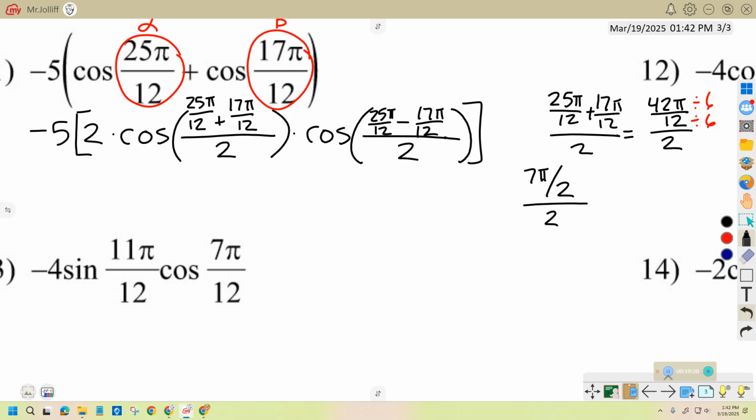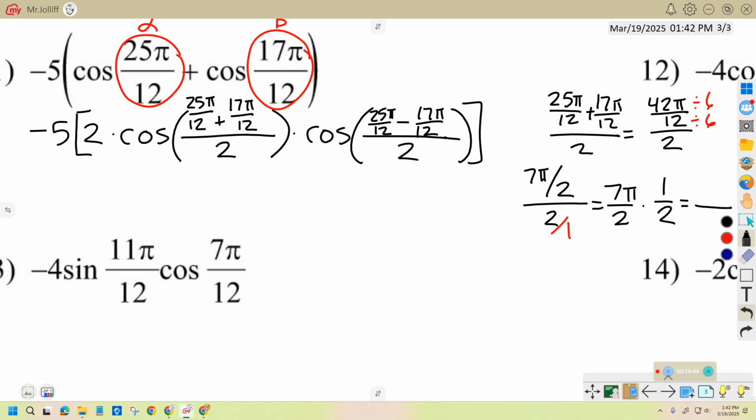And I know when I'm dividing by a whole number, I can turn it into a fraction over 1. And when I have a fraction divided by a fraction, we keep the numerator, we flip the denominator, and we multiply straight across.